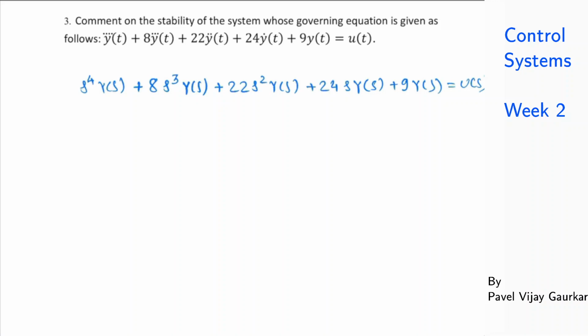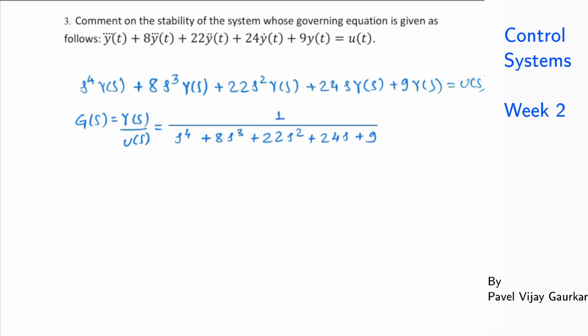Here, if we want to write the transfer function, we can just take the y of s term common, so g of s is y of s over u of s. We get s power 4 plus 8 s cube plus 22 s square plus 24s plus 9.